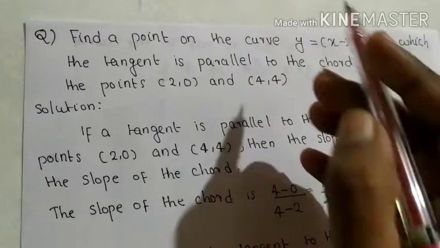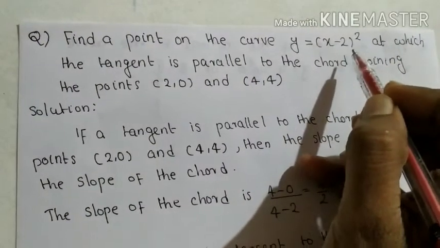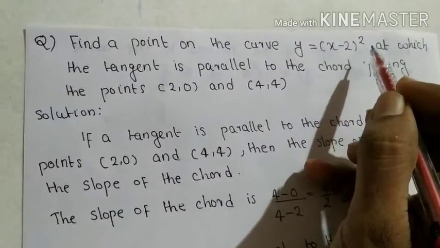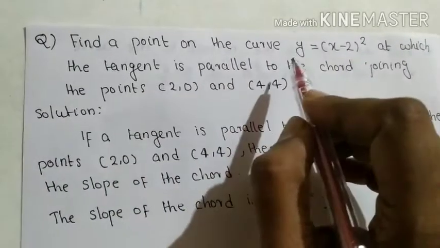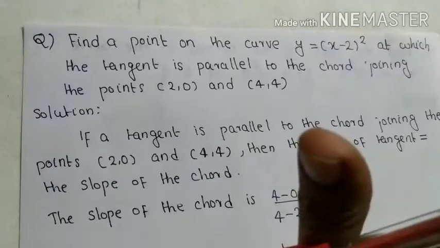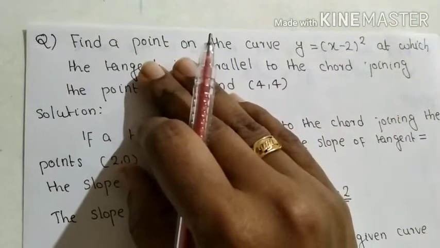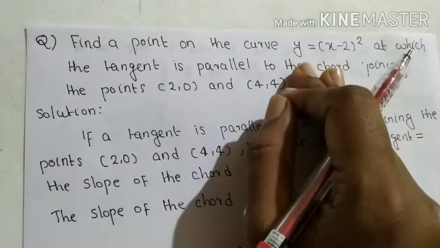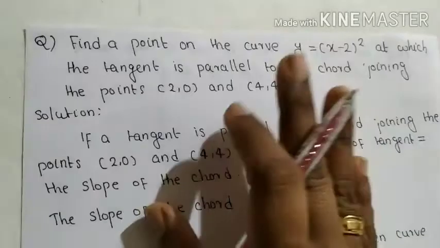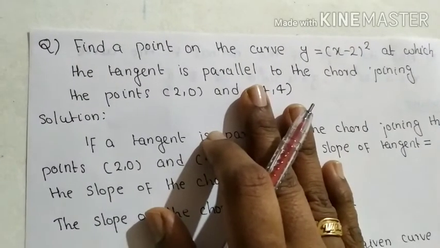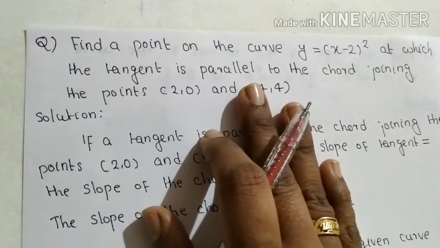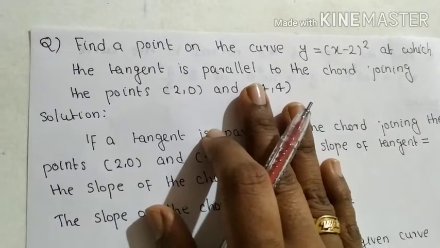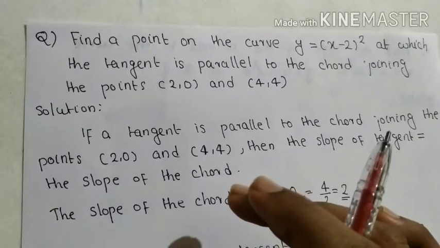Given that the curve is y equal to (x minus 2) the whole square, and the tangent is parallel to the chord joining these 2 points, we need to find the point on this curve. I hope you remember we had already learned in plus 1 that if two lines are parallel, their slopes are also equal.